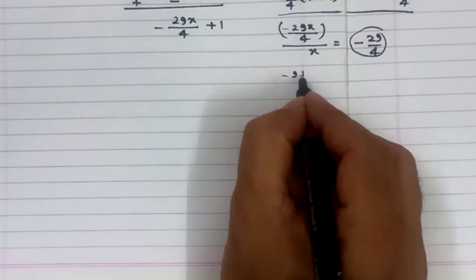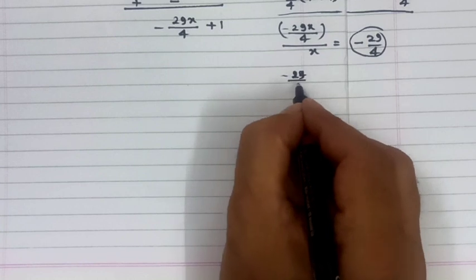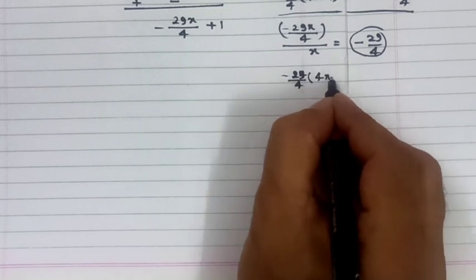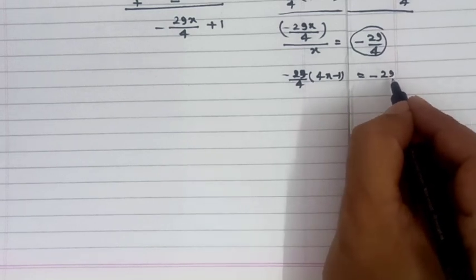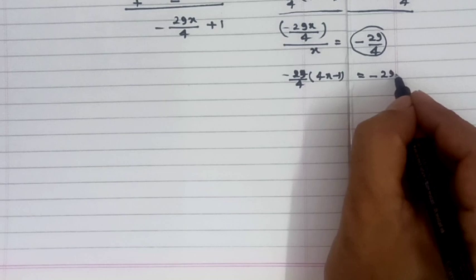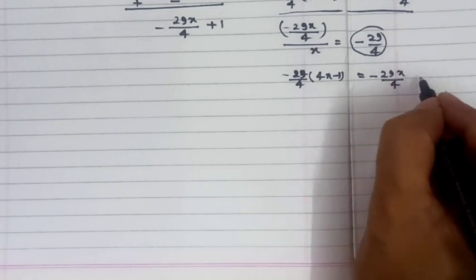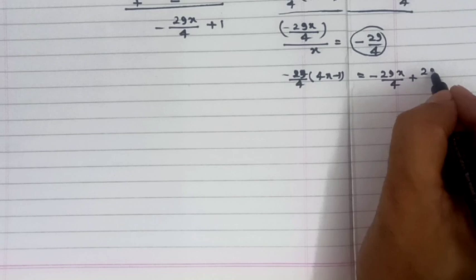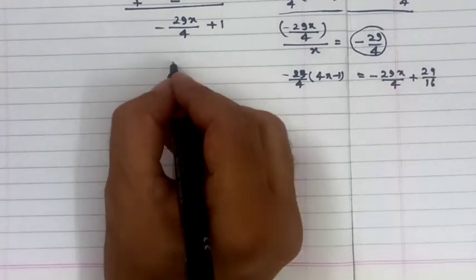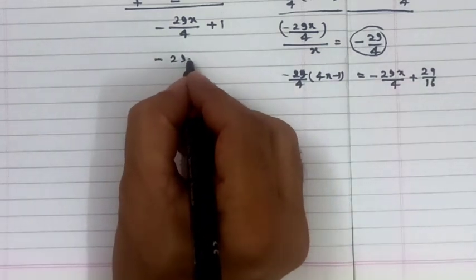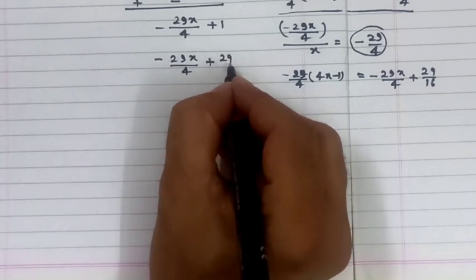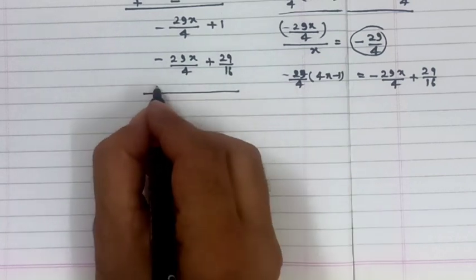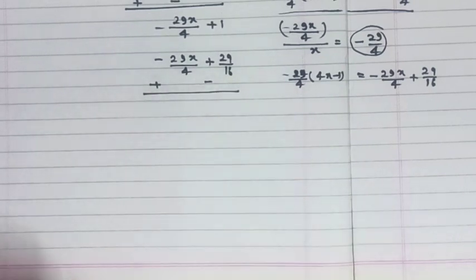Now minus 29 upon 4 you multiply to 4x minus 1, and you will get minus 29x upon 4, and then minus minus plus 29 upon 16. So right below here minus 29x upon 4 plus 29 upon 16, and then subtract, minus minus plus, plus, and this gives you minus.